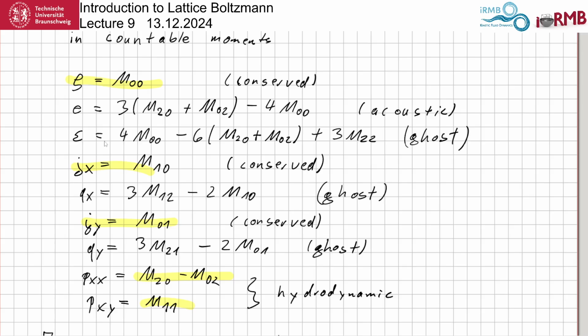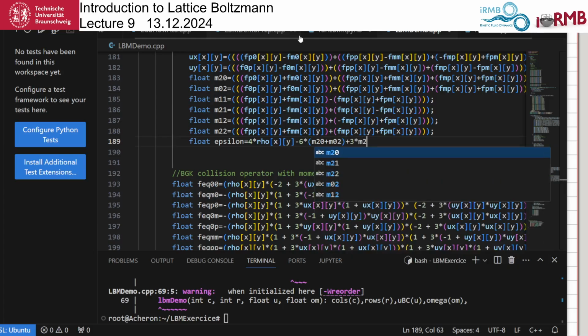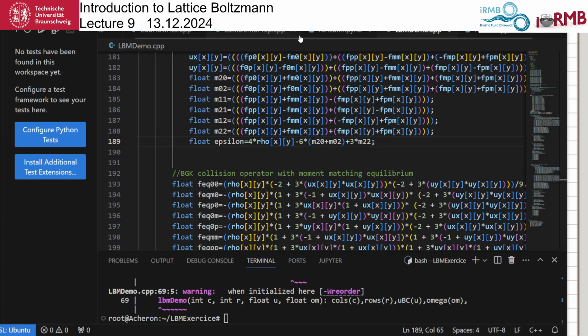So it's 4 times m00 minus 6 m20, and here plus 3. Okay, so this is how these guys defined it. Where is my code? Here. So this means I have a memory like a goldfish. Plus 3 times m22. Go. Now we have our epsilon.